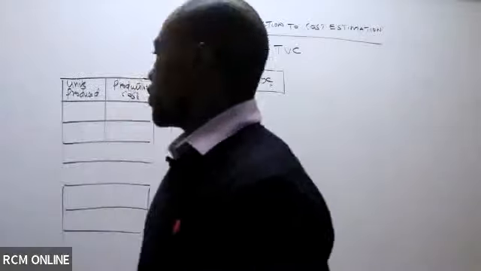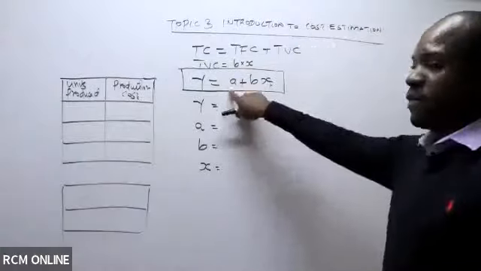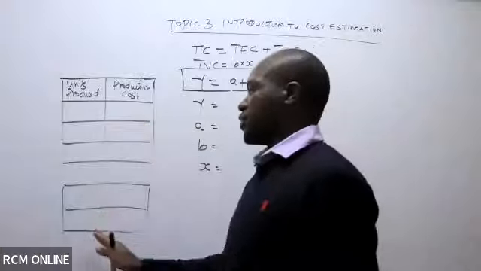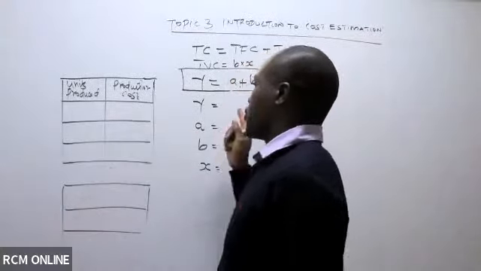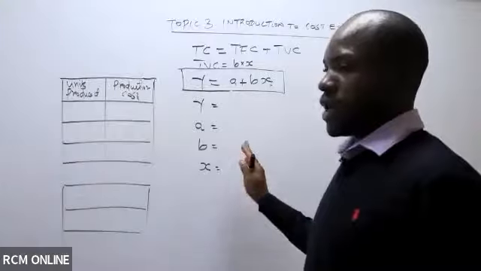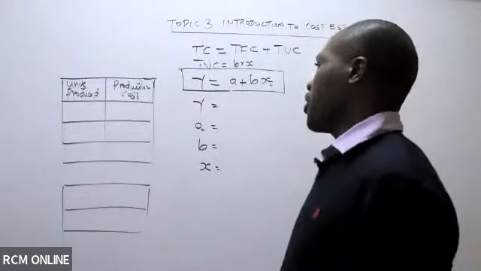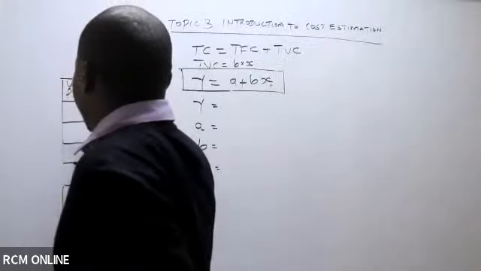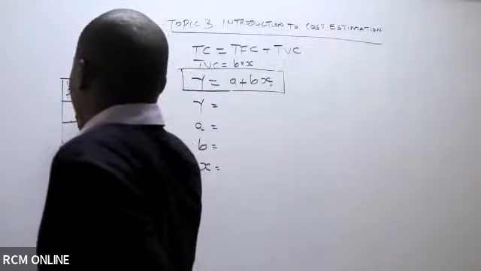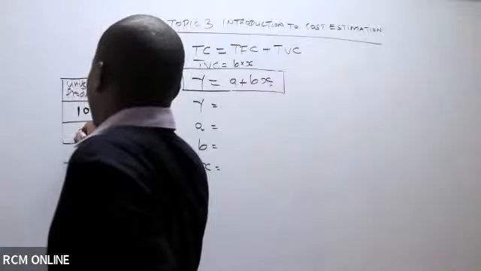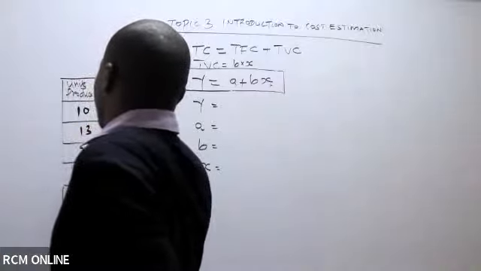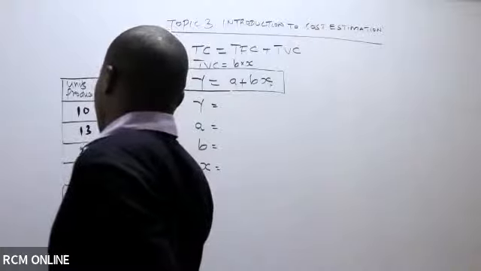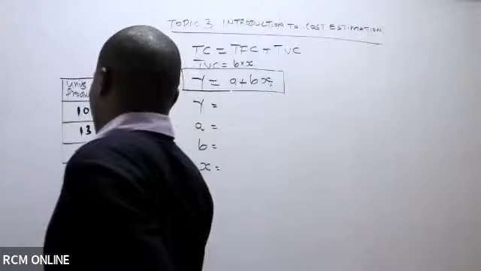Good. So introduction to cost estimation, and this is the simplified function. I want to use this illustration, this sample data here, to understand what we'll be talking about under the definition of each component of the cost function. So we can start with 10, we take 13, 24, we take 9, we take 16.